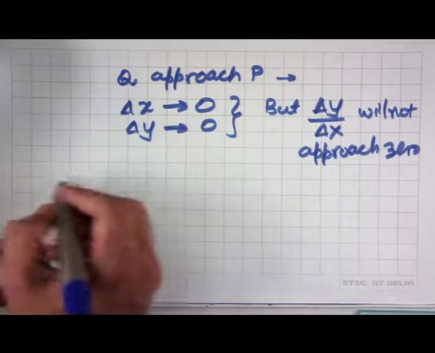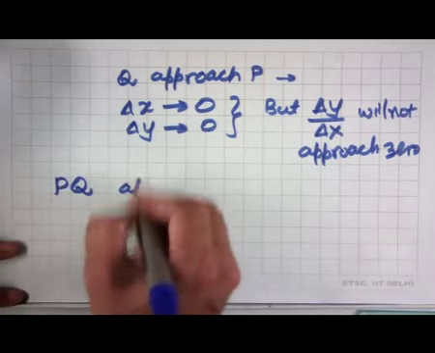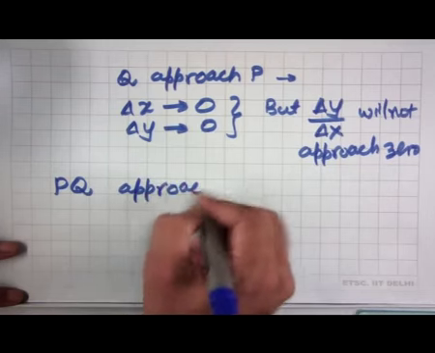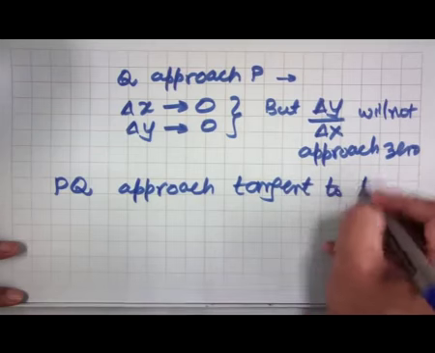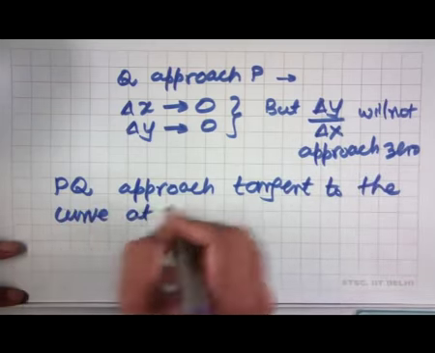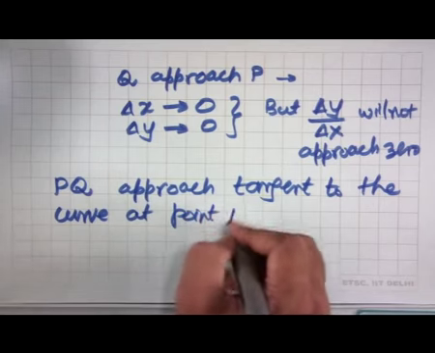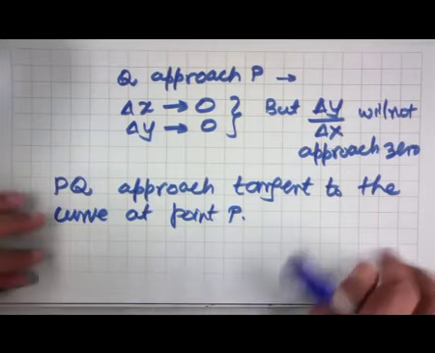And here what you will see is the straight line PQ will approach the tangent to the curve at point P. So, the line PQ approaches the tangent of the curve.